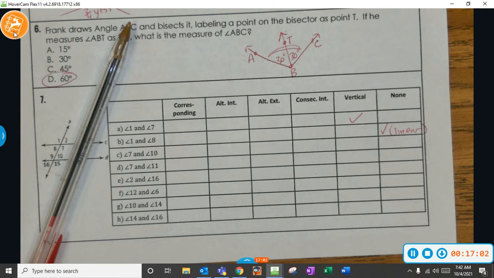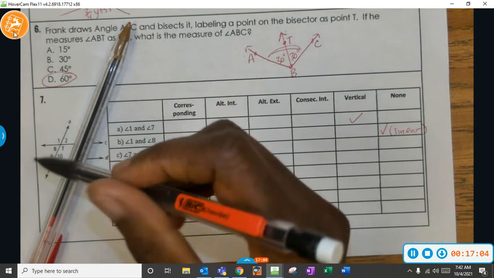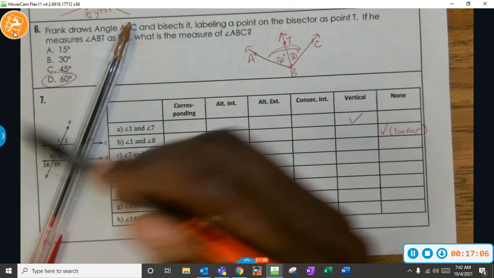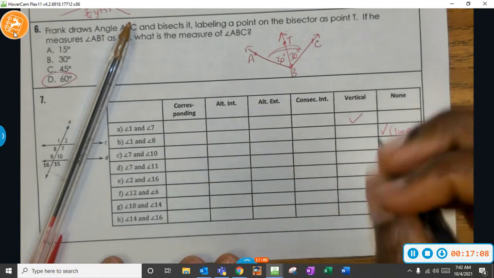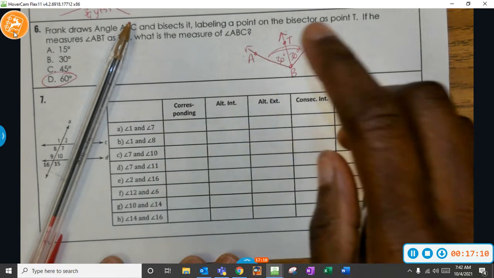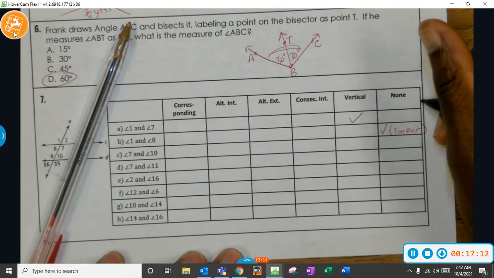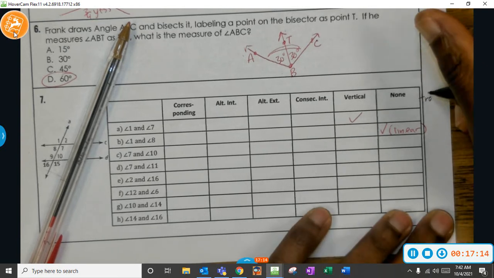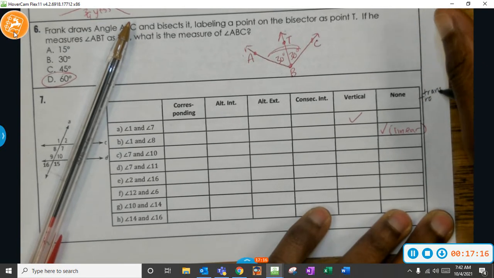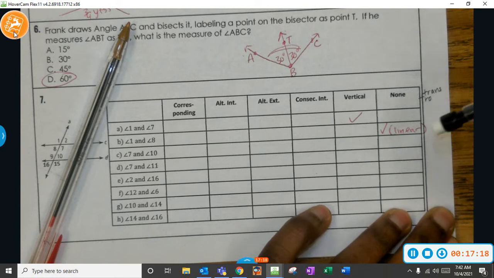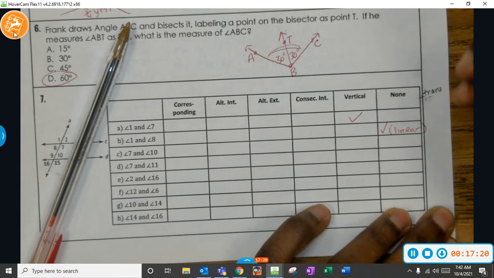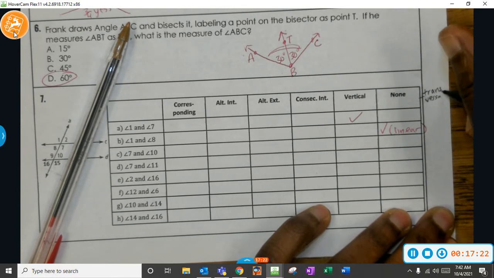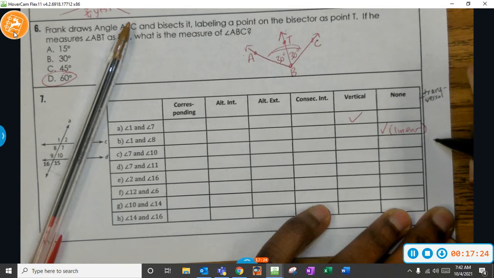A is the line that is crossing 2 other lines so that both of those lines are on. So the transversal for 7 and 10 would be A, which I'm going to write over here. So my transversal for this one is A.